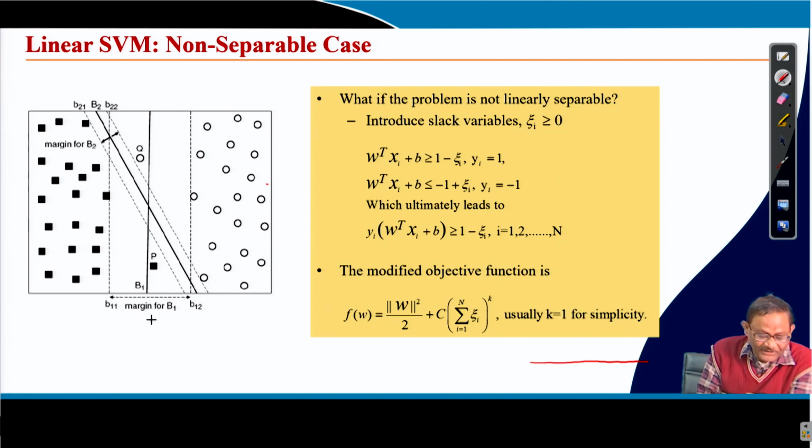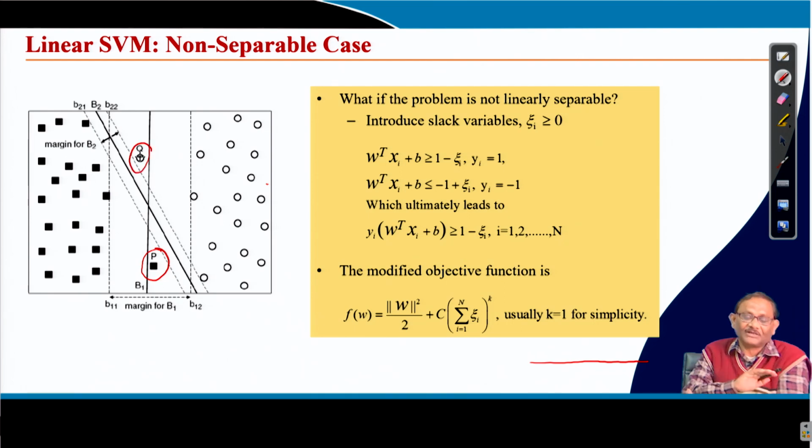Suppose we consider B1 is the hyperplane, and B11 and B12 are the margin edge hyperplanes. Now we are using this for classification. But here you see that this point P as well as this point Q are basically opposite, not on the correct side of the hyperplane.